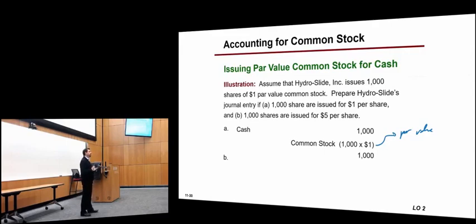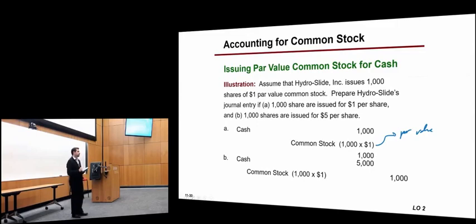How much cash is the company receiving? 5,000. They are selling them for $5 per share. So the company will debit cash 5,000. How much are they going to credit common stock? 1,000. Again, this is par value.